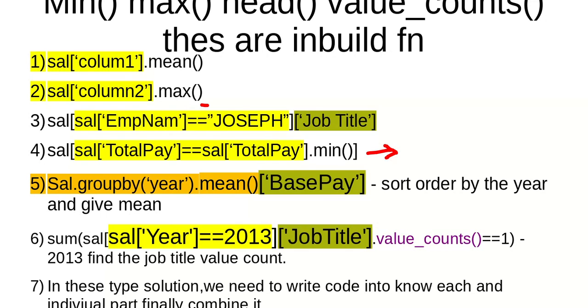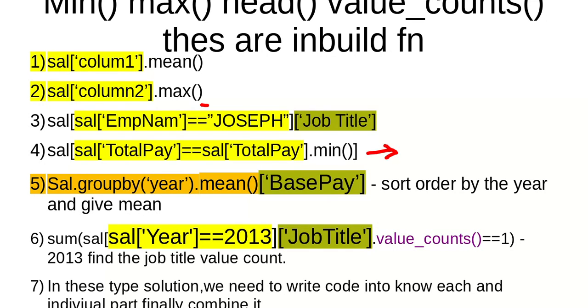For example, Daniel is getting the minimal pay, like $15 per day. Then it will be represented here. Both will match. Then it will get the value, and finally it will give the entire row, the name, column, all the values. That's how it will work.